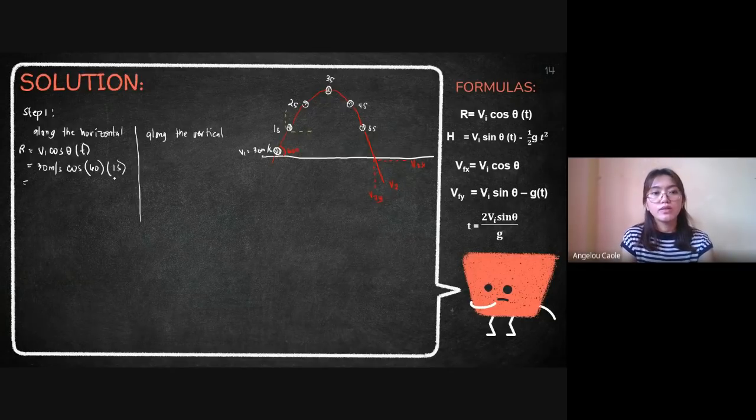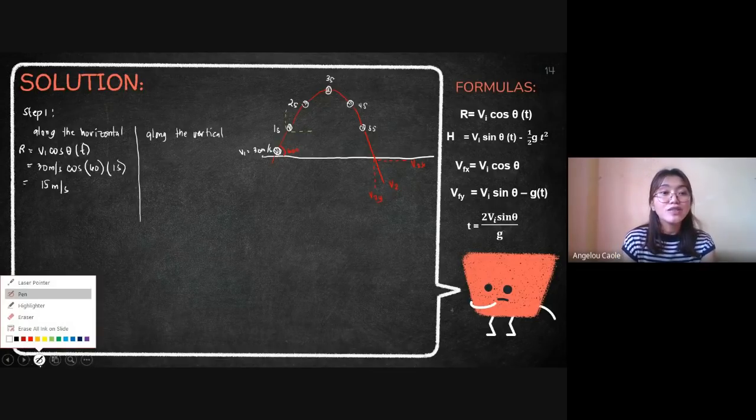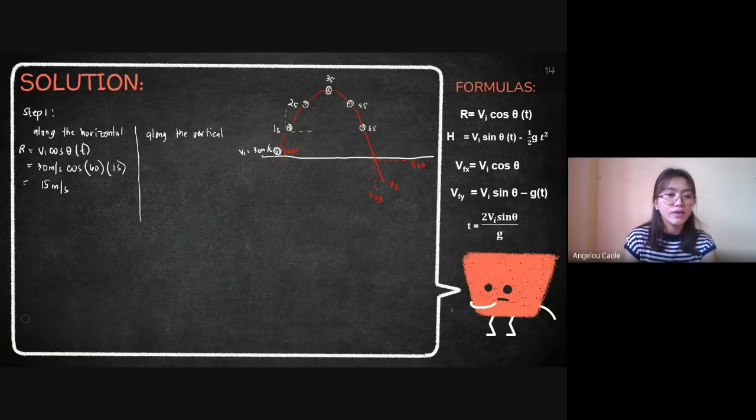So cosine 60 times 30 meters per second is 15 meters. Sorry, it should be 15 meters because we are getting the position, therefore pertaining to the distance. So that should be 15 meters.